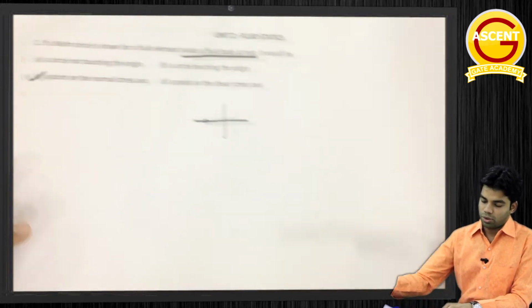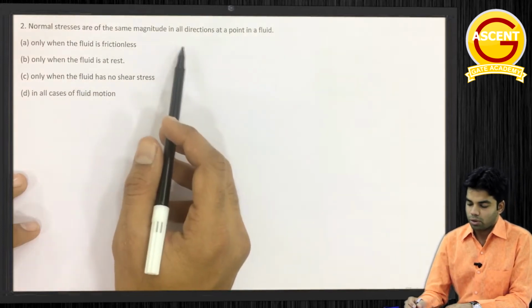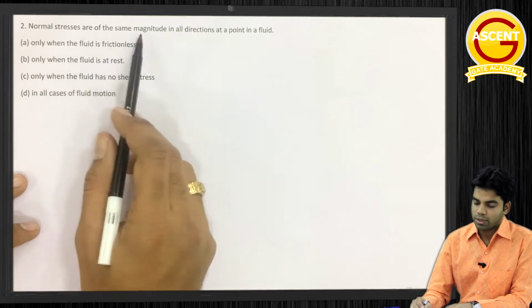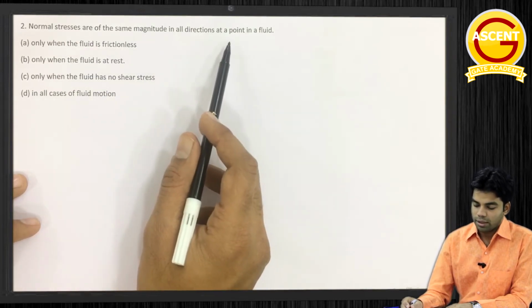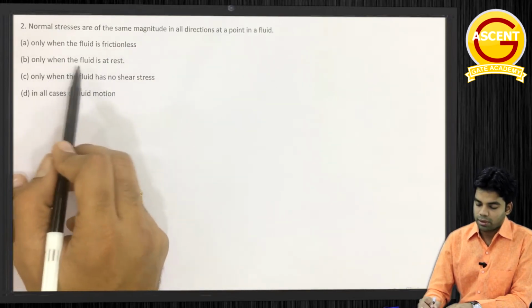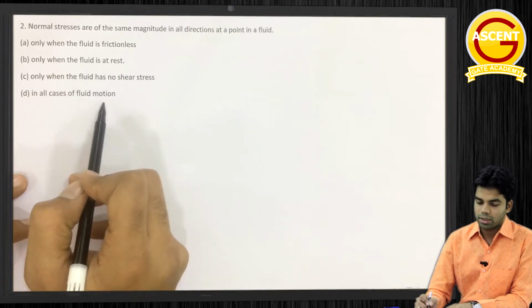Okay. Next question. Normal stresses are of same magnitude in all directions at a point in a field, then only when the fluid is frictionless, only when the fluid is at rest, only when the fluid has no shear stress, and in all cases of fluid motion.